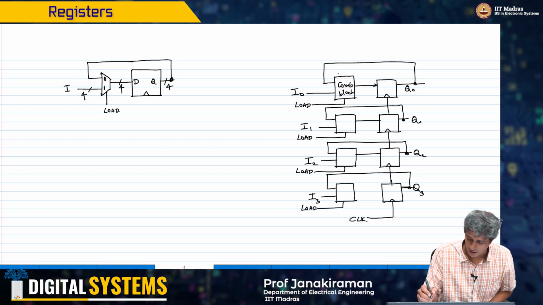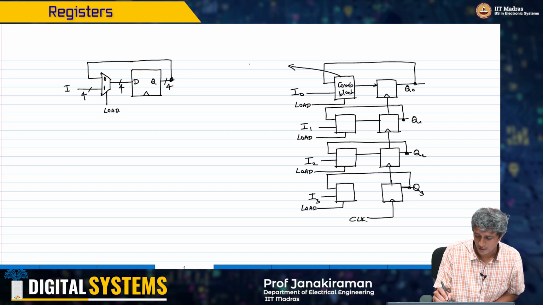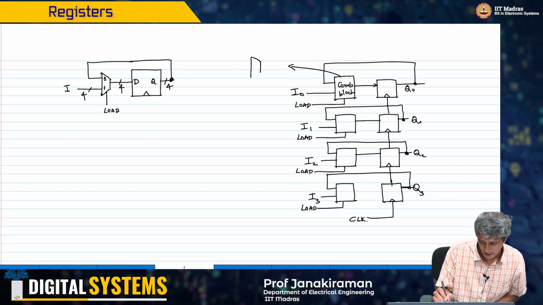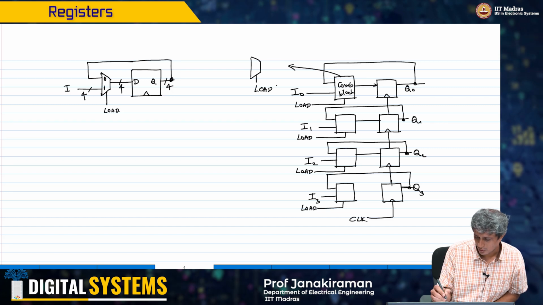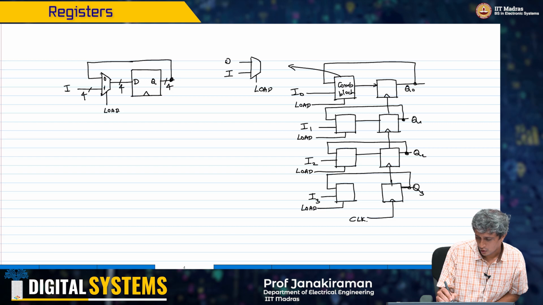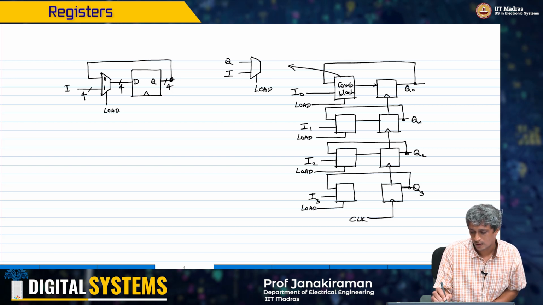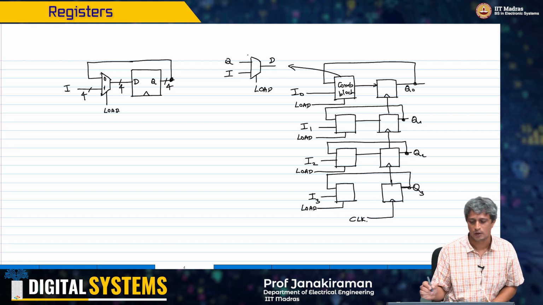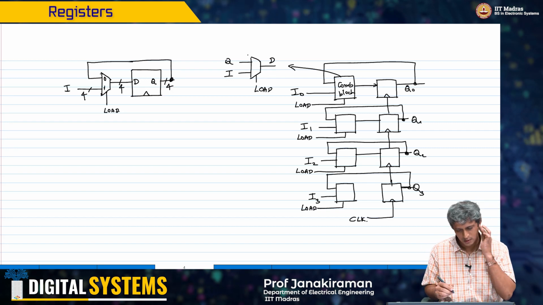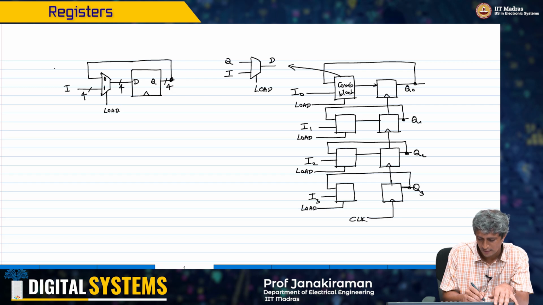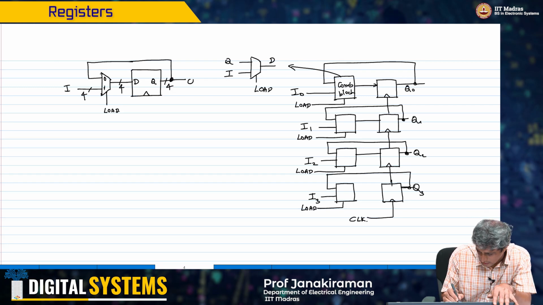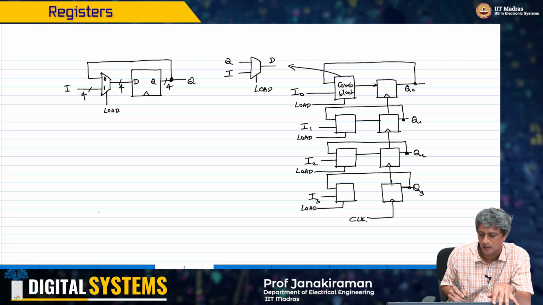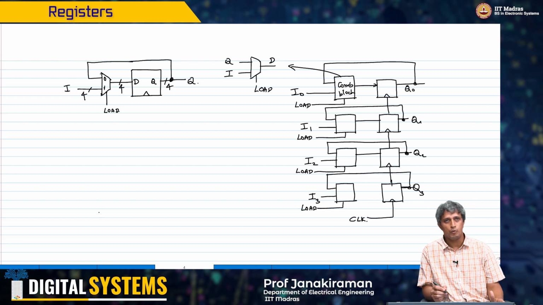With this combinational block here just being a multiplexer like this. Load, I and Q, and this is going to the D, that's all, right. So this is a very compact representation for us. You get Q here, and all these are multi-bit inputs.